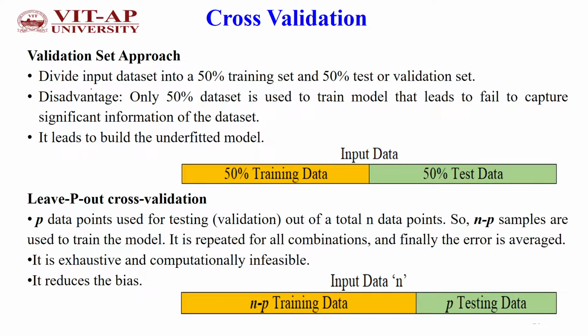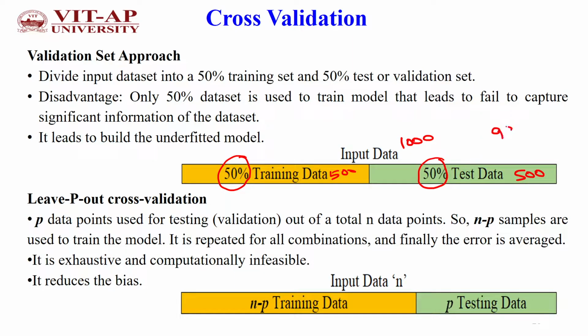Here, the first approach is the validation set approach. Suppose I have 1000 samples of input data. The 1000 samples are split into training and testing, 50 percent into training and 50 percent into testing. That means exactly 500 samples go to training and 500 samples to testing.